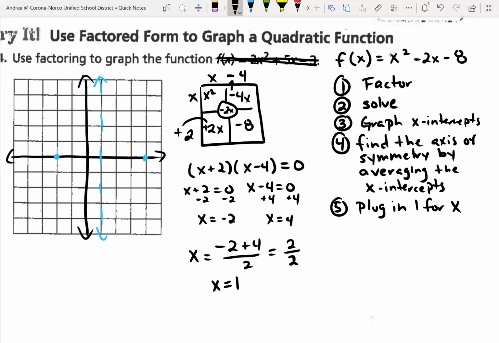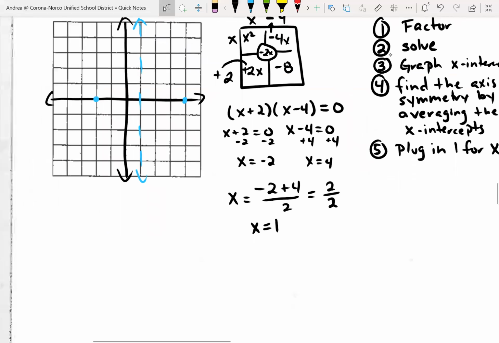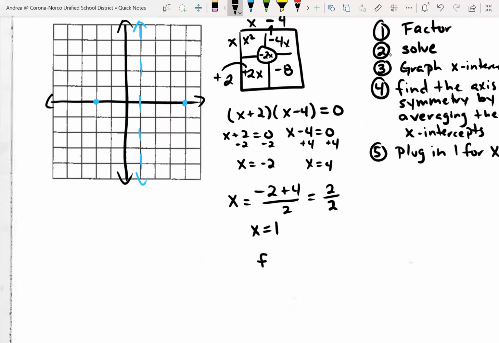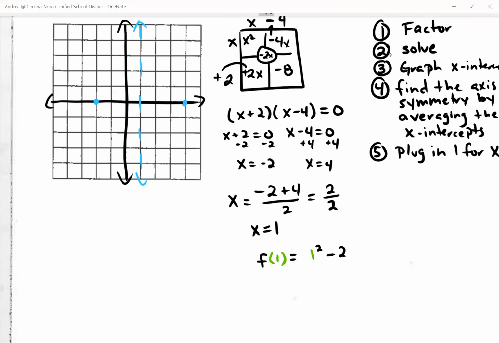Okay, I know we're taking up a ton of room. So it's f of 1 equals 1 squared minus 2 times 1 and then minus 8.